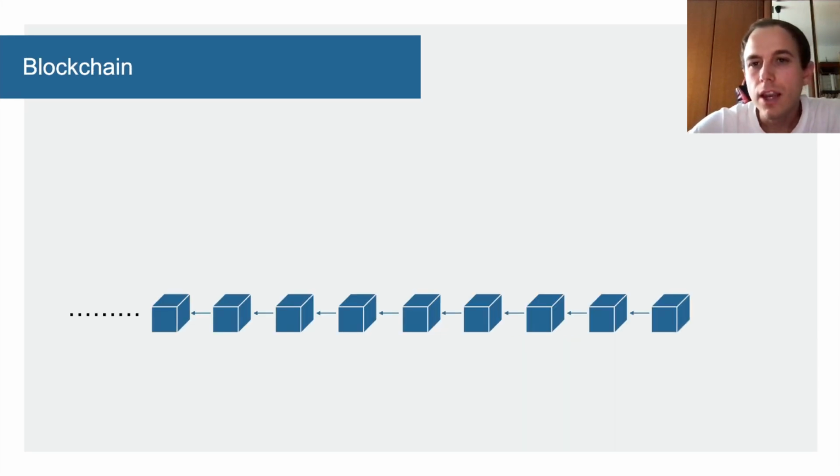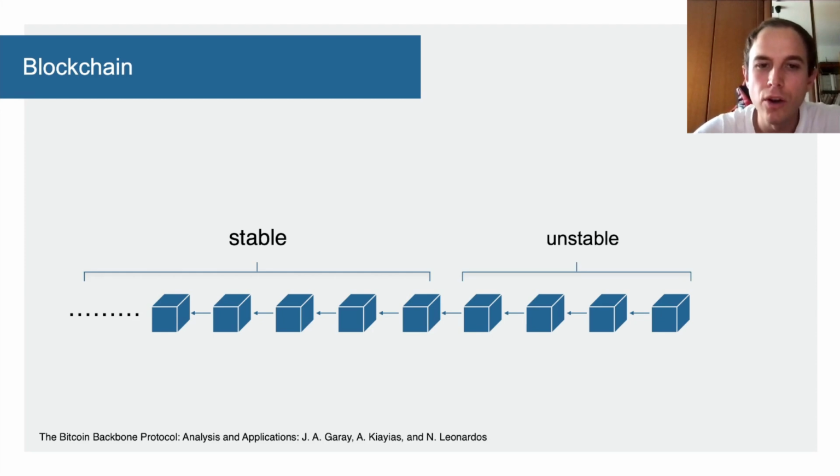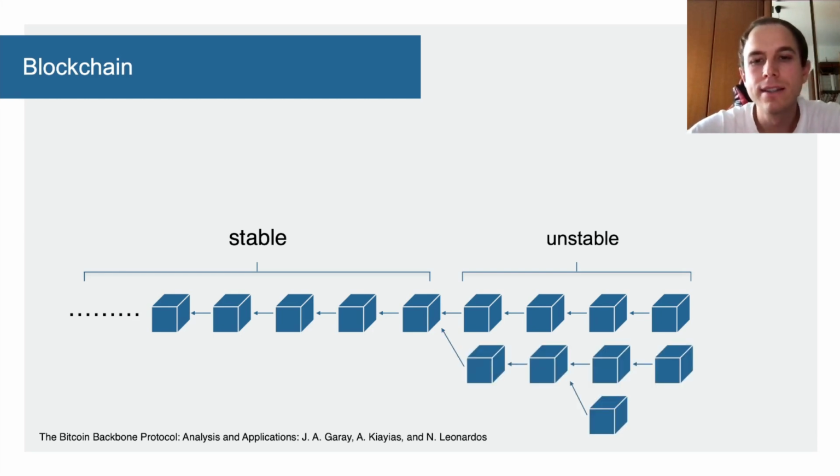So in order to see how we can build such a thing, let's quickly take a look at blockchains again. And from work such as the Bitcoin backbone protocol, we know that there is a stable part of the blockchain and an unstable part. The unstable part essentially means that there exists some diverging view on this last part of the blockchain between different nodes.